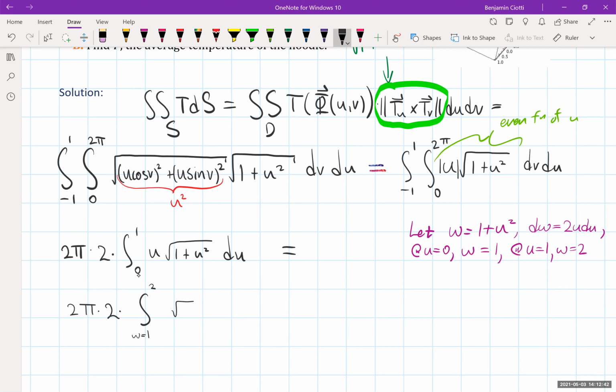And I've got a square root of w times the 1/2 dw.